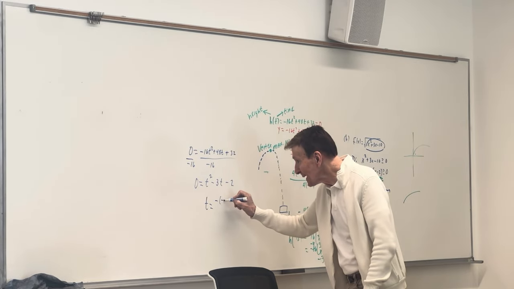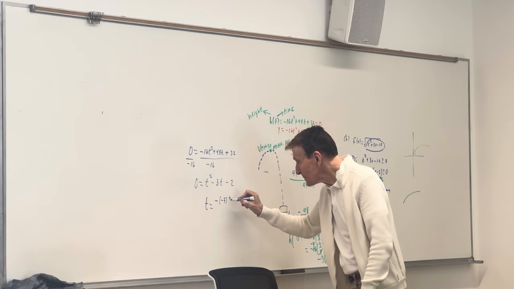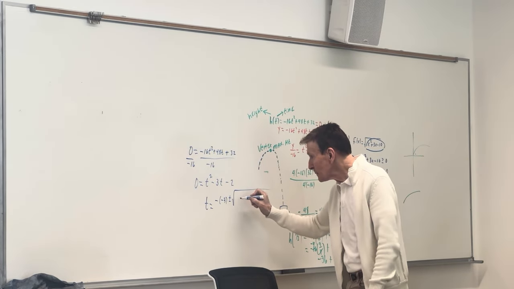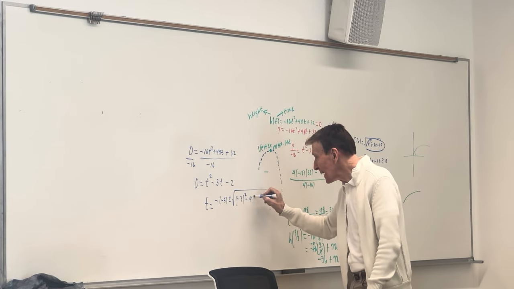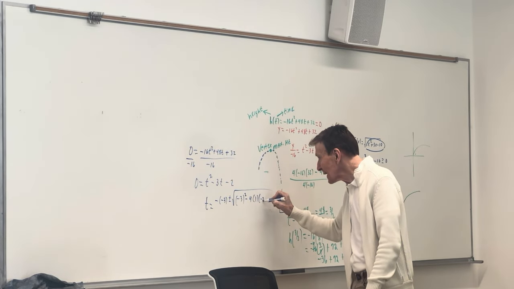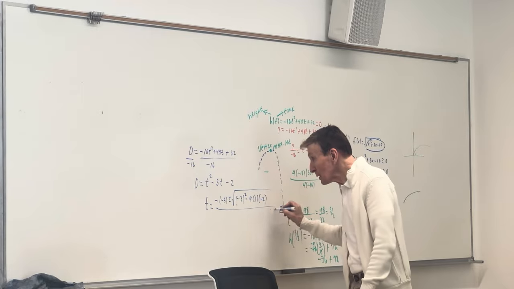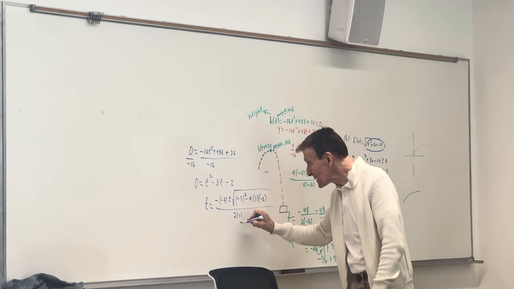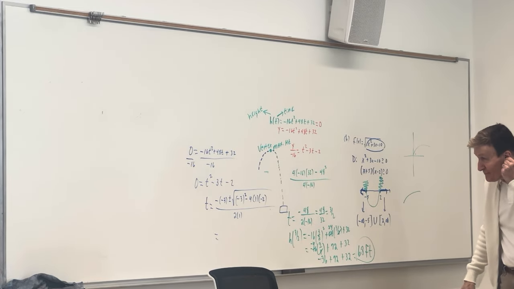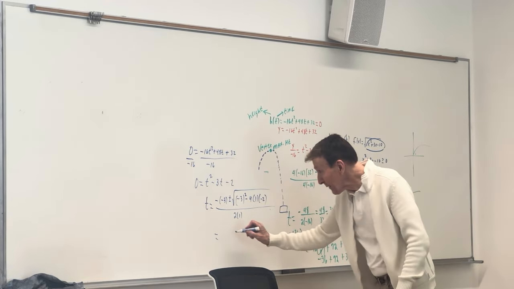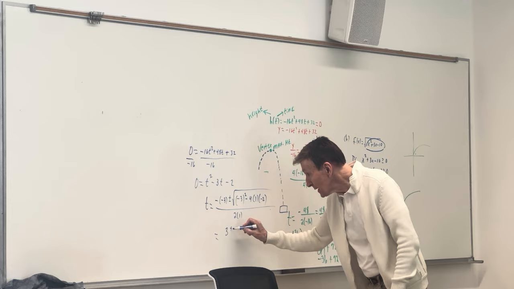Negative b plus or minus the square root of b squared minus 4 times a times c. I'll make sure I put my numbers in there correctly. It looks like that. Clean this up. I've got a 3 out front, positive, plus or minus.